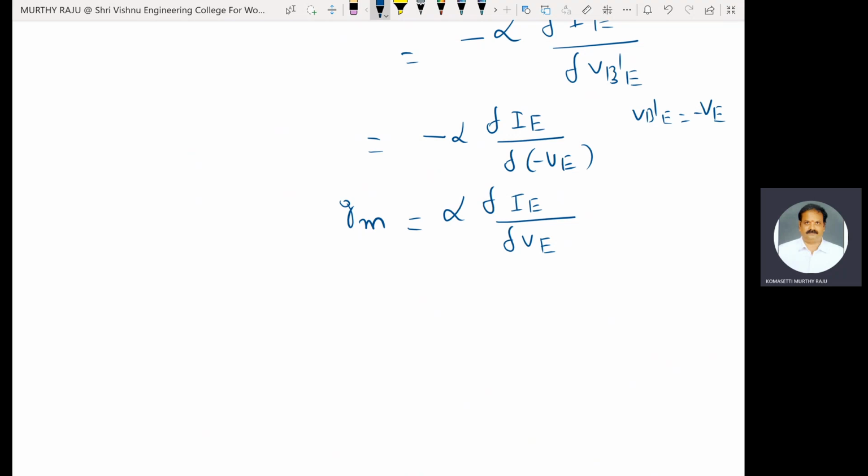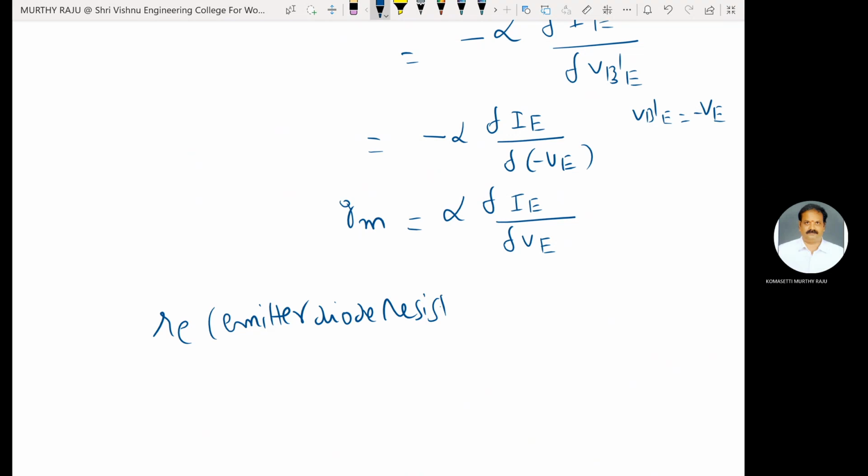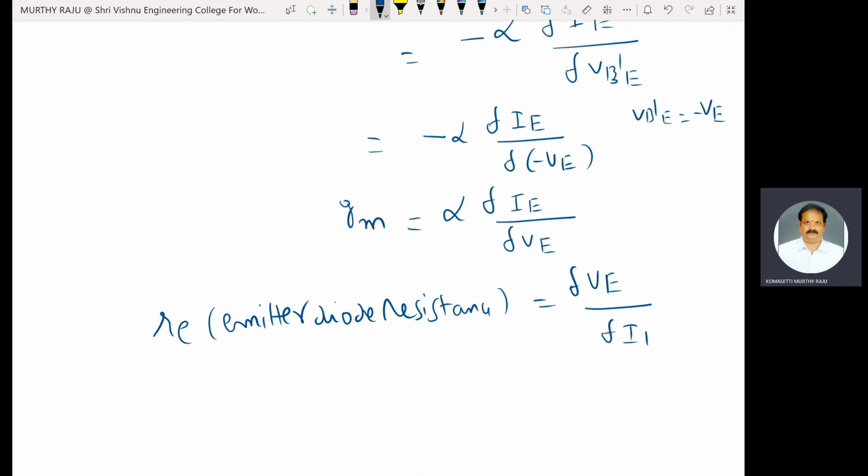Therefore, we have some emitter diode resistance, RE, equal to dou VE by dou IE.